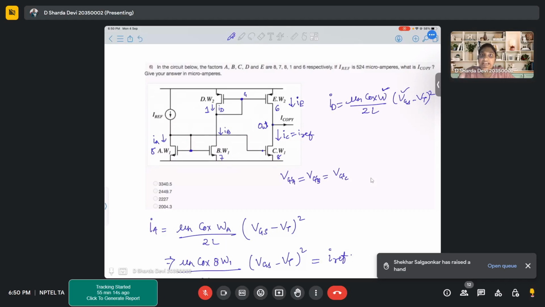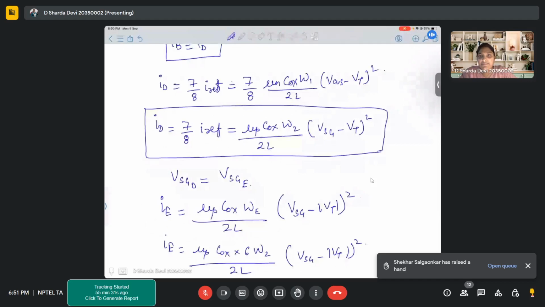So for ID, I can write it in terms of the P transistor, and for IB, I write it in terms of the N transistor. And that's what I did over here. So what is the value of ID? It was 7 by 8 times IREF, which is the same as your IB, correct? So that's why I wrote it down like this also. But I know that my ID transistor is a PMOS transistor. So why don't I write the current in terms of the PMOS transistor?